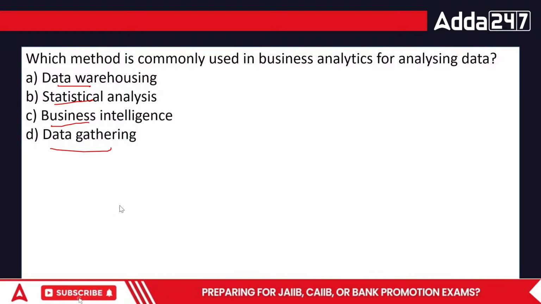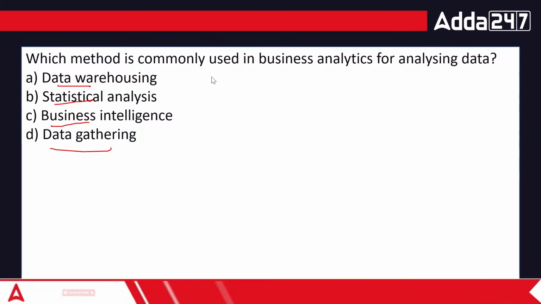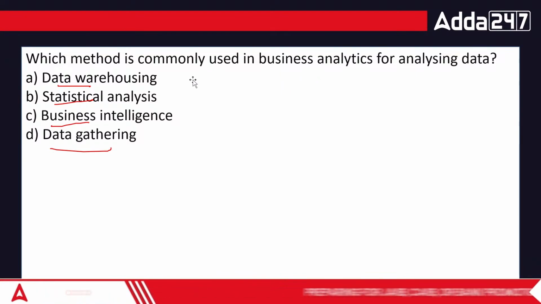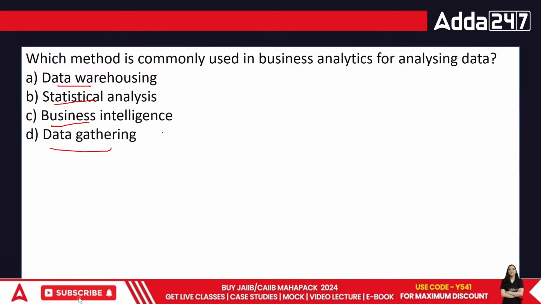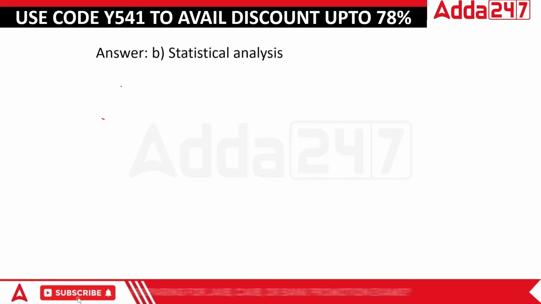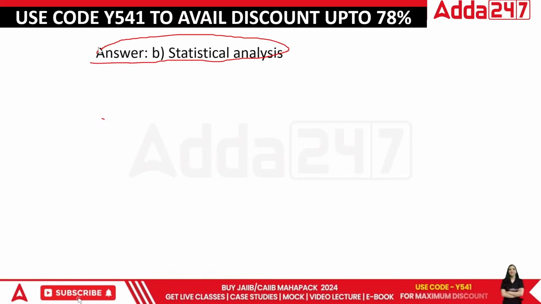Data gathering means we collect the data. Business intelligence is related to the tools that we are using. Statistical analysis is the answer, because we are using statistical tools in order to correlate the data. Okay?